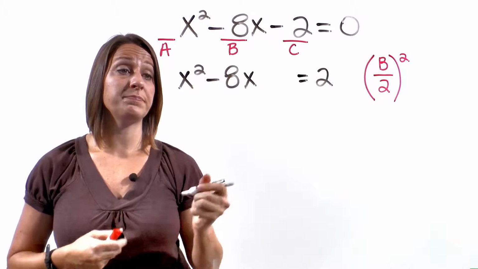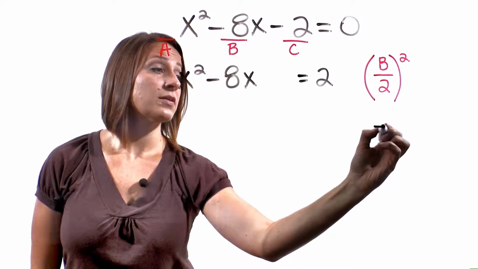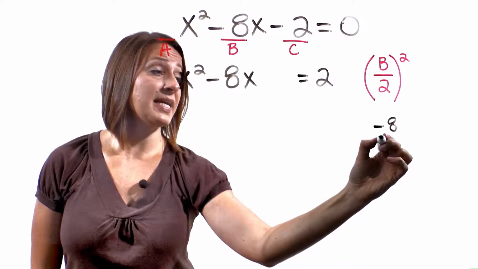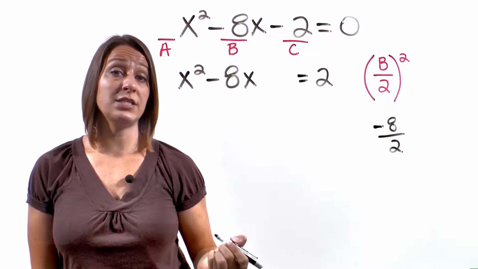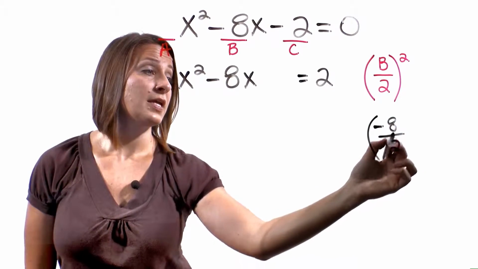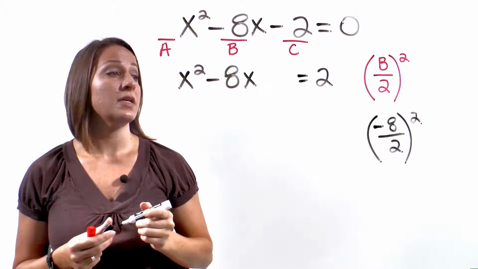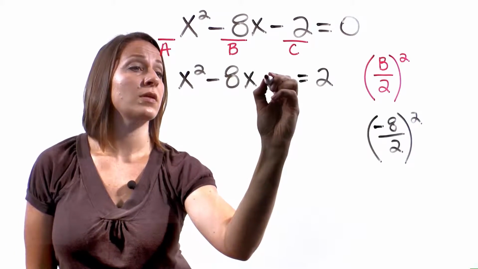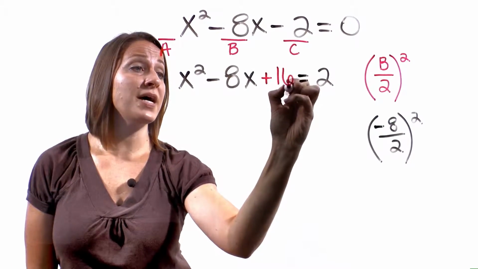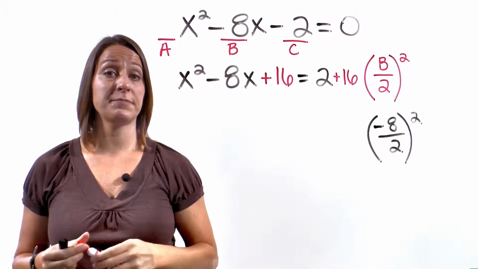In this problem, we have a minus 8. Minus 8 divided by 2 is negative 4. Negative 4 times negative 4 is positive 16. So we will add positive 16 to both sides.